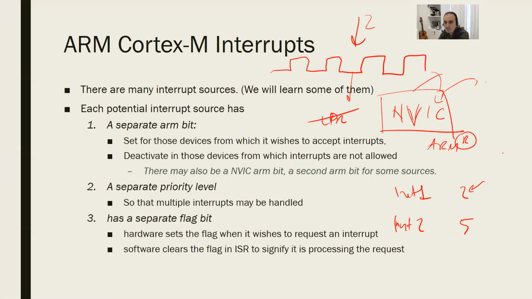I will say my threshold level is 3. Only this one will be accepted and this one will not be accepted. And I will be able to change this global prioritization level. These will all be done, the global priority level or the individual priority value for an interrupt, all set by changing some control registers somewhere, which we will learn.